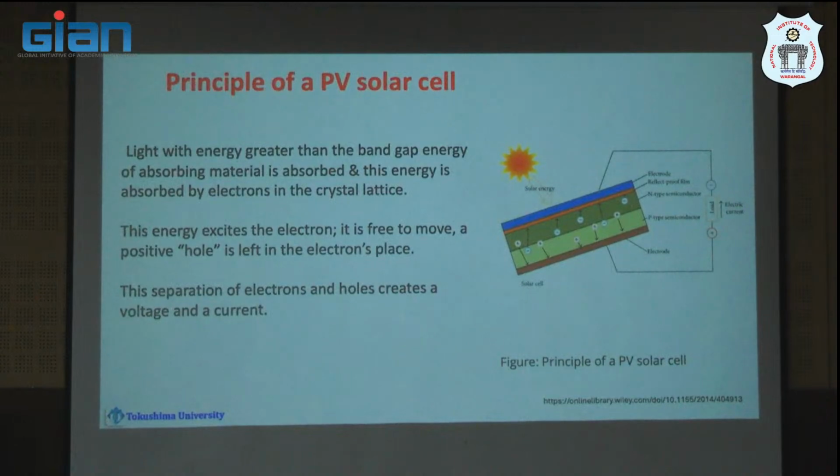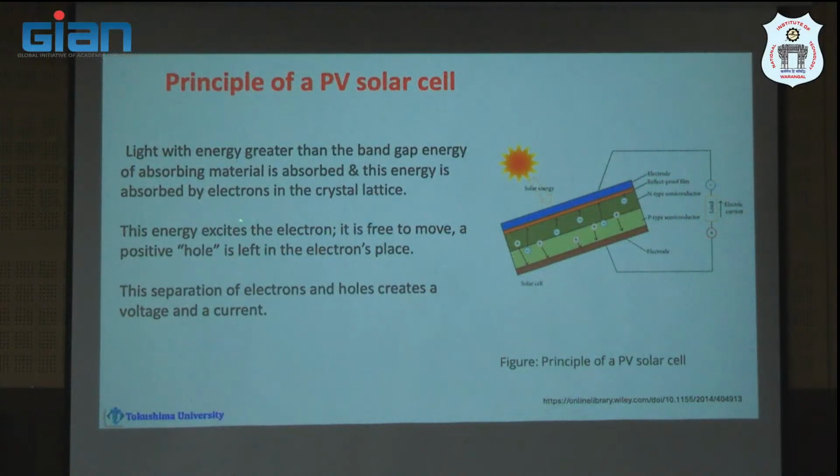So light is falling on the solar cell. How does this process occur? I told you voltage is created across the P and N junction. And light has certain energy. It passes through that PN junction and creates the voltage.